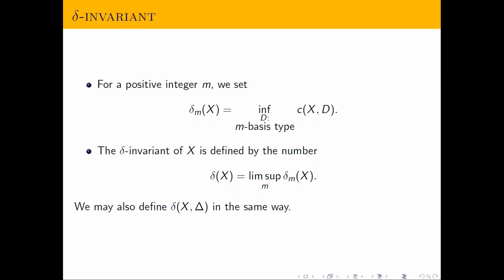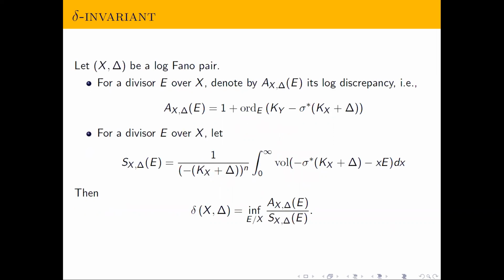You can also define the delta invariant in the log Fano case in the same way. Or currently you can use this formula, which was introduced in Blum-Jonsson.